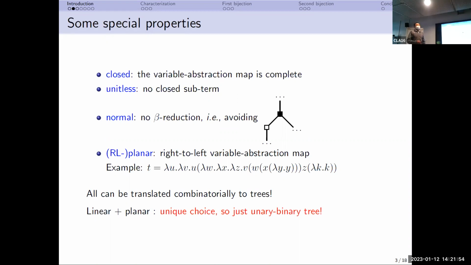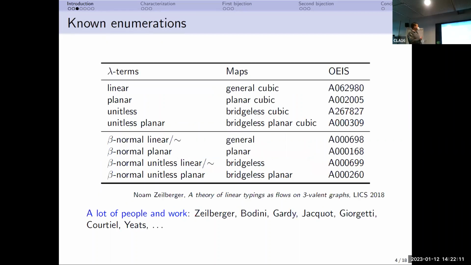And of course, the study of linear terms has been in the focus of researchers for a long time, and we have already obtained a lot of results on the proof theory, etc., but also on the enumeration.